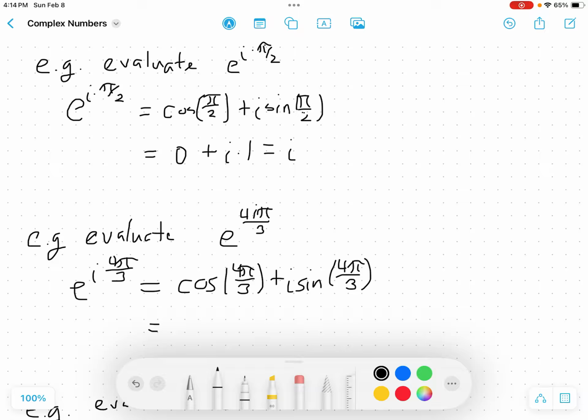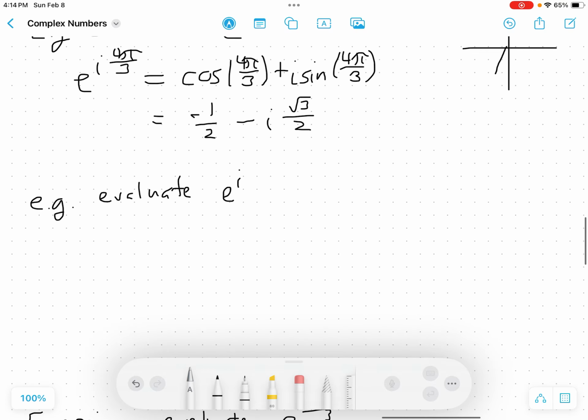So we end up with cosine of 4 pi over 3, we would have 4 pi over 3 is somewhere around here on the unit circle, so cosine is negative 1/2. And then we'd have negative I times the square root of 3 over 2.